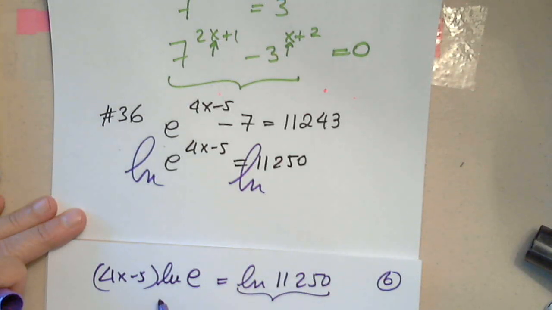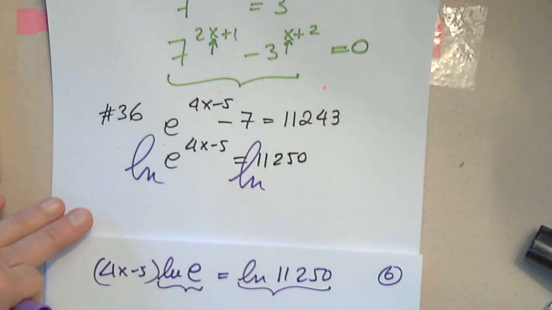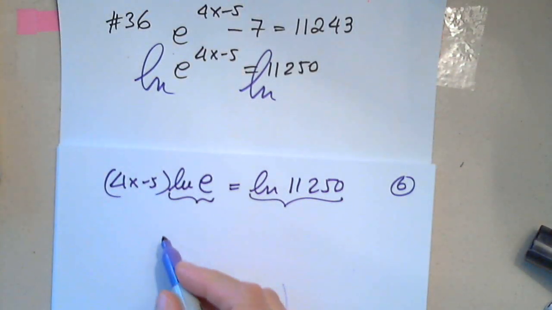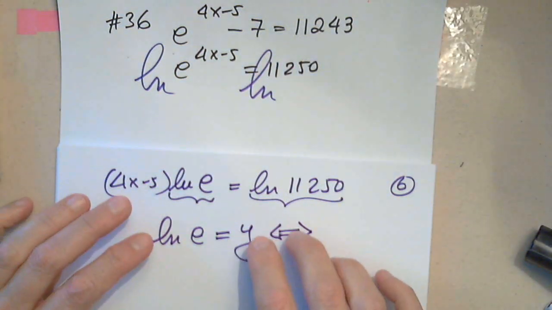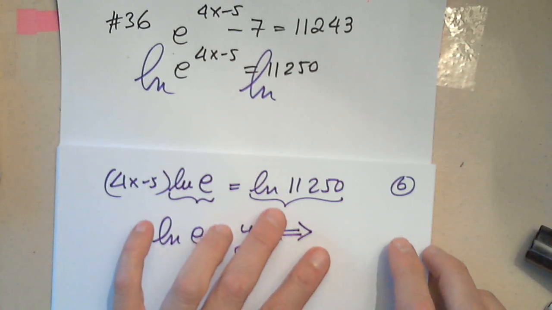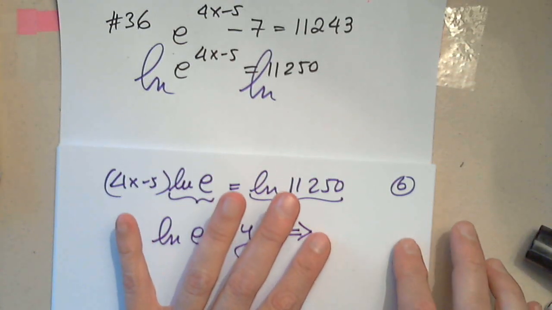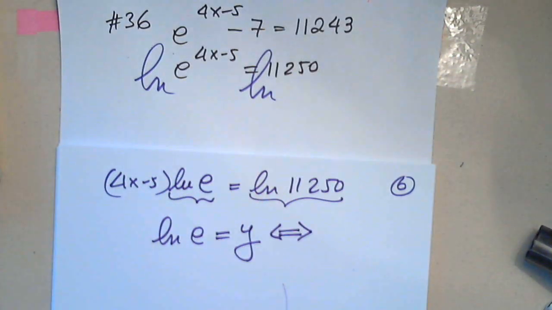As you know, this is a number and this is another number, but I would like to discuss this number before we continue. Natural log e is some number y. Remember, one of the most important concepts in this chapter is that I can change any log equation into an exponential equation and any exponential back into a log.